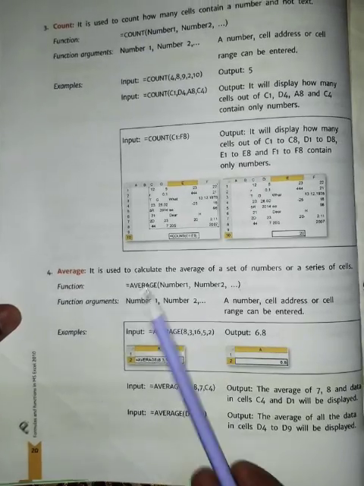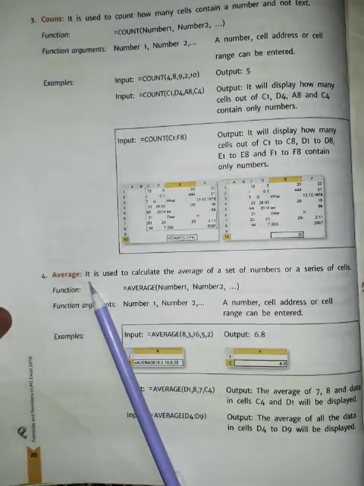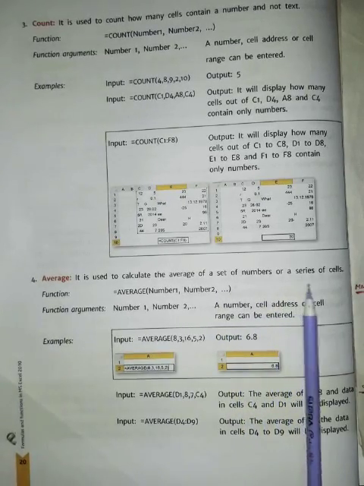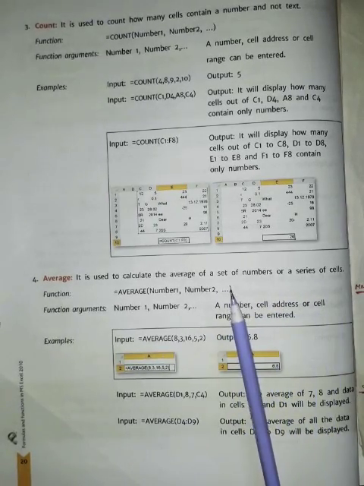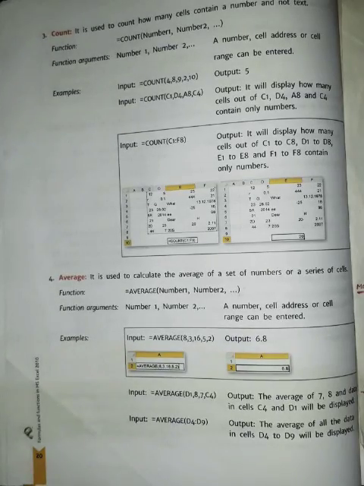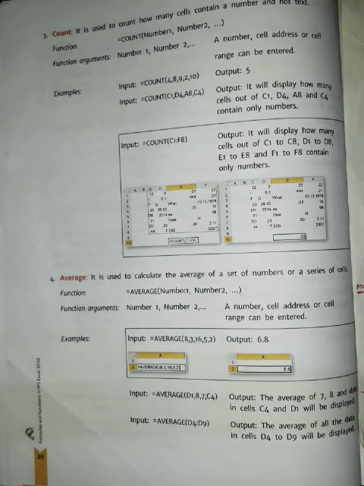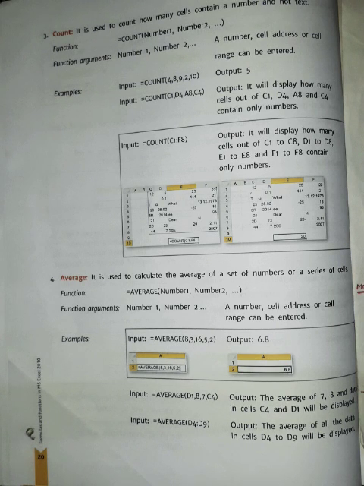Now, student, the average function. The average function is used to calculate the average of a set of numbers in a series of cells. The average is very important. Sometimes we want to find the average of any numbers, any calculation.